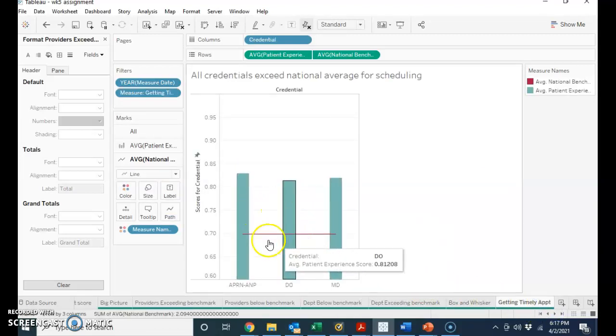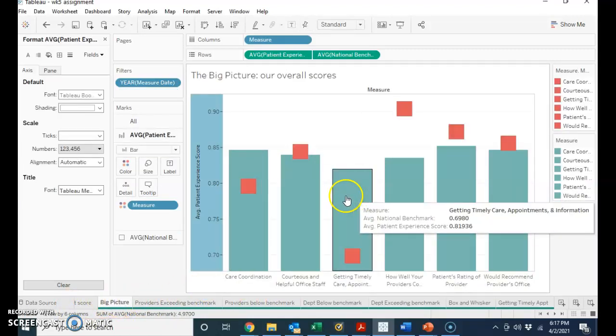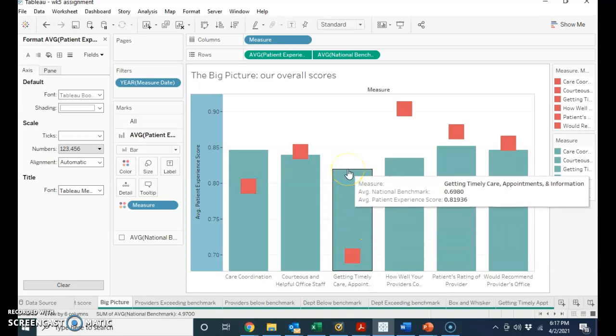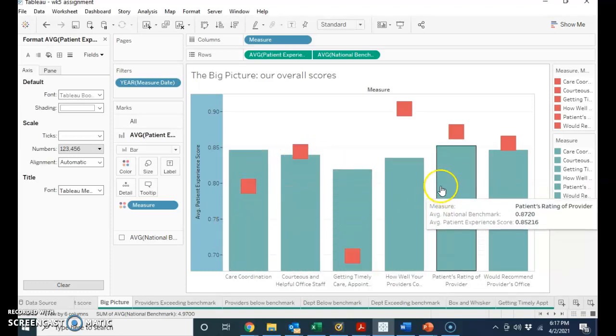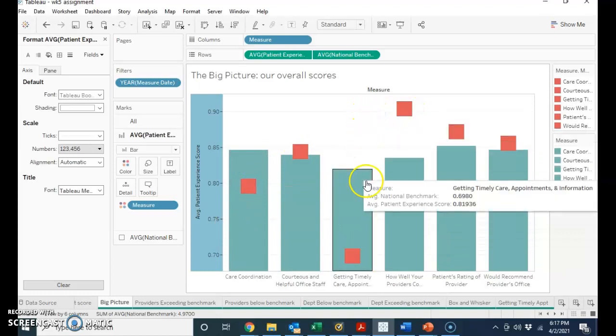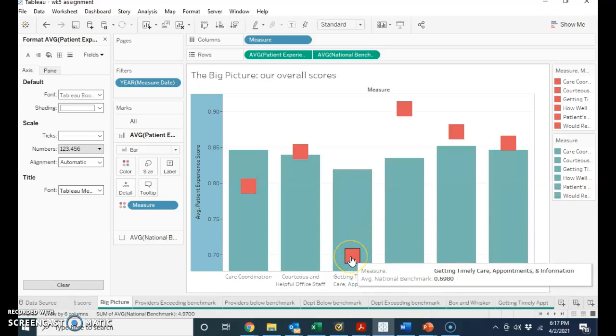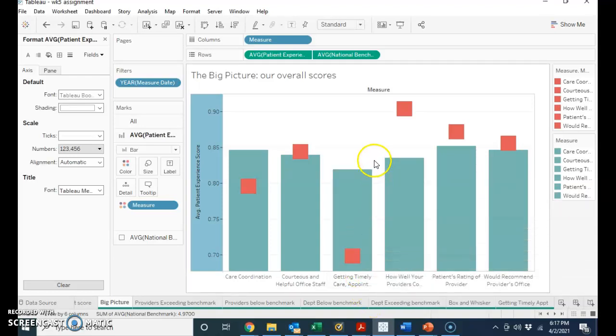So interestingly, when we look at the big picture, the getting timely appointments was the lowest score for this medical practice. They were blowing it out of the water in terms of the national average. It looks like nationally, patients find it very difficult to get timely appointments with their providers.